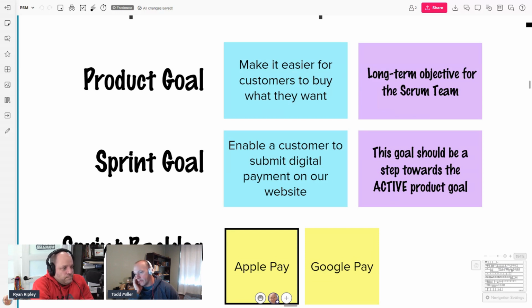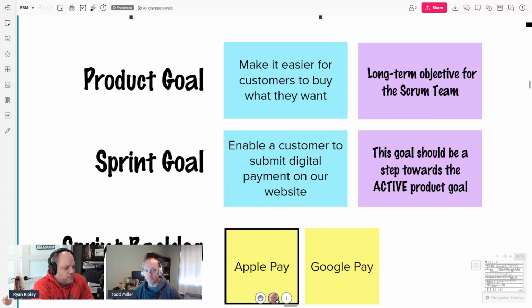In sprint planning, does what we're talking about contribute to the product goal? Even during the sprint, can we bring this enhancement or bug into the sprint without threatening the sprint goal? Does this improve our product goal? Just asking those questions brings a lot of focus to the Scrum team, so there's a benefit in that in and of itself.